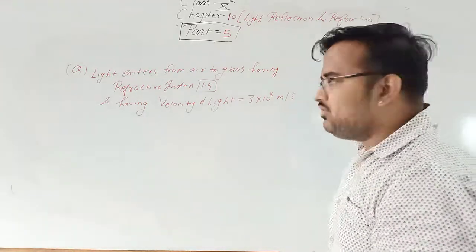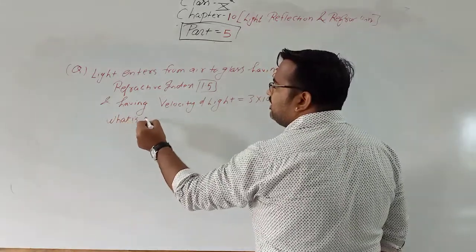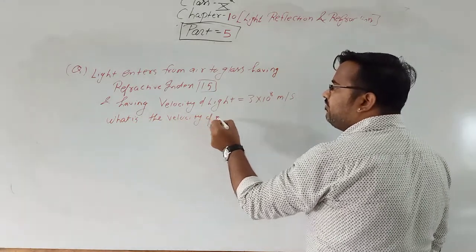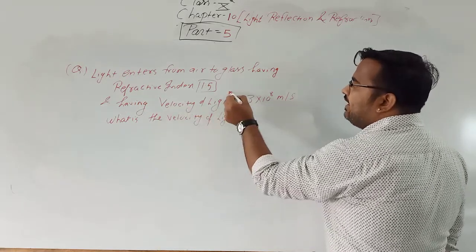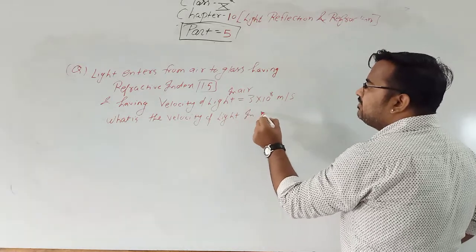This is the velocity of light in air. What is the velocity of light in glass?